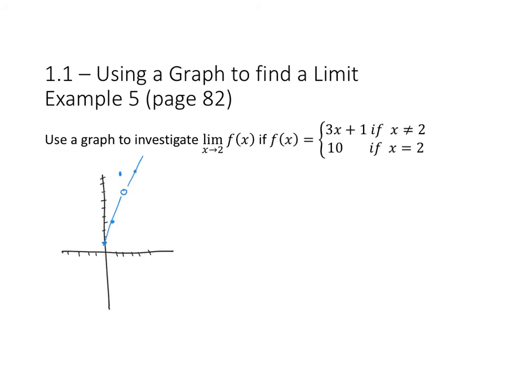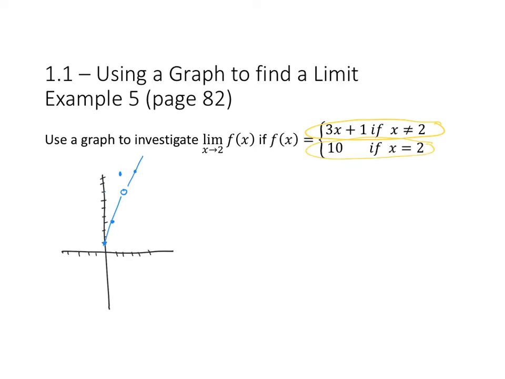So let's take a look at the graph of 3x plus 1. In this case, we're being asked to find the limit as x approaches 2 of a piecewise function. They're telling us that the graph is 3x plus 1 when x does not equal 2, and when x equals 2, the graph is 10.